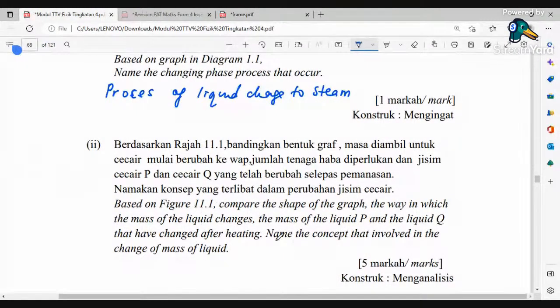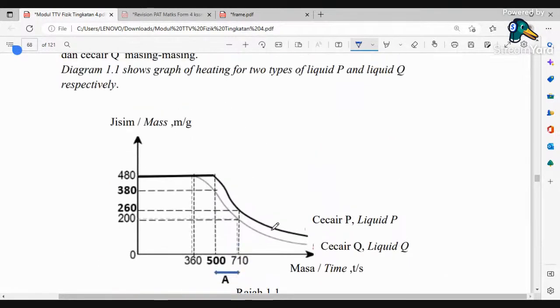Okay, based on diagram, compare shape of the graph, way in which the mass of liquid P and liquid Q change after heating. Name the concept involved in the change of mass of liquid. 5 marks. This is mass against time, showing how mass of the liquid change.